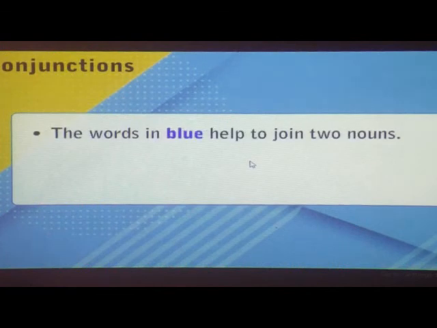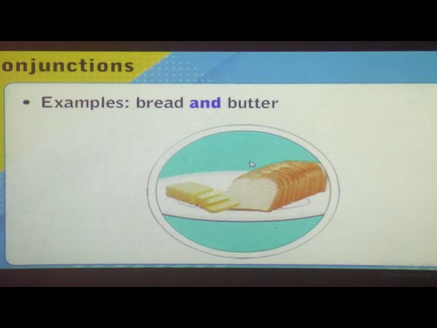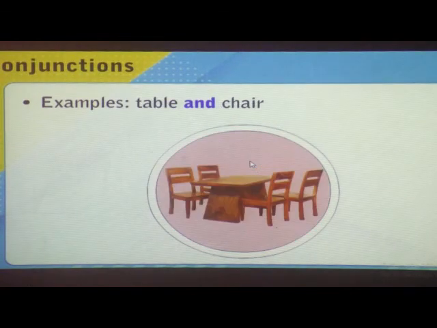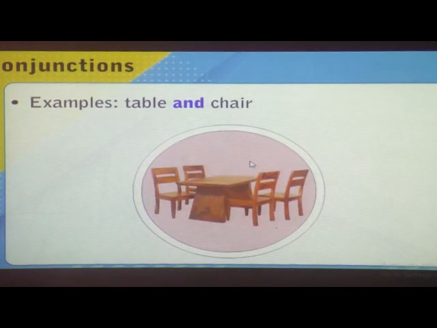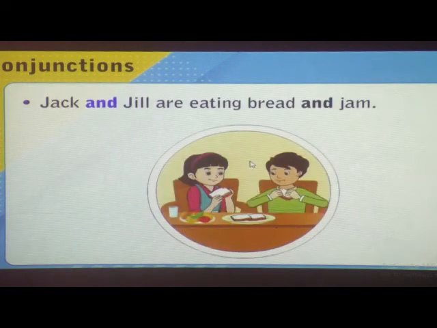The words in blue help to join two nouns. Such words are called conjunctions. Examples: bread and butter, table and chair, Jack and Jill. Jack and Jill are eating bread and jam.